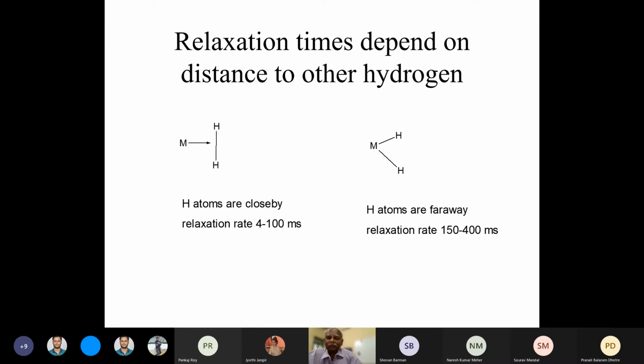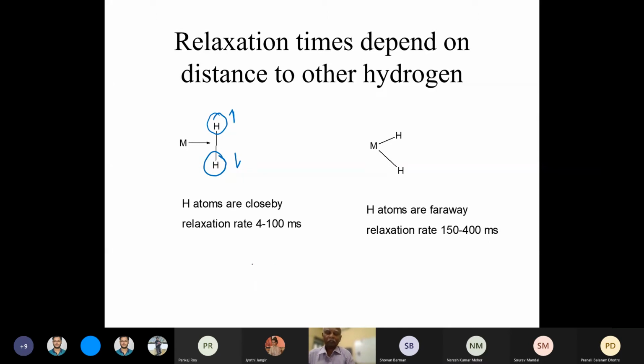there is a complication, and that complication is because of something else which is connected with the proton signal, and that is the relaxation time. Now, it was proposed that because these two hydrogens are close to each other, the signal from the hydrogen is going to be improved, and in fact it is improved, because the flipping of one proton from spin up to spin down is facilitated by the other proton.